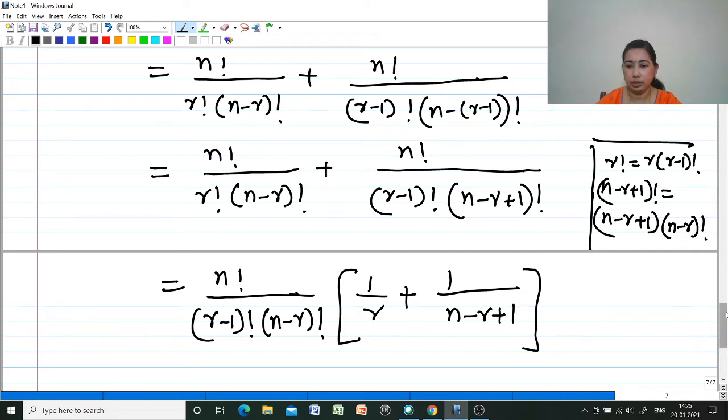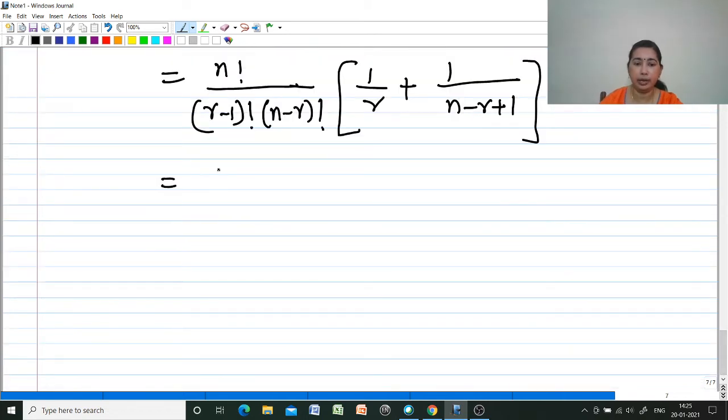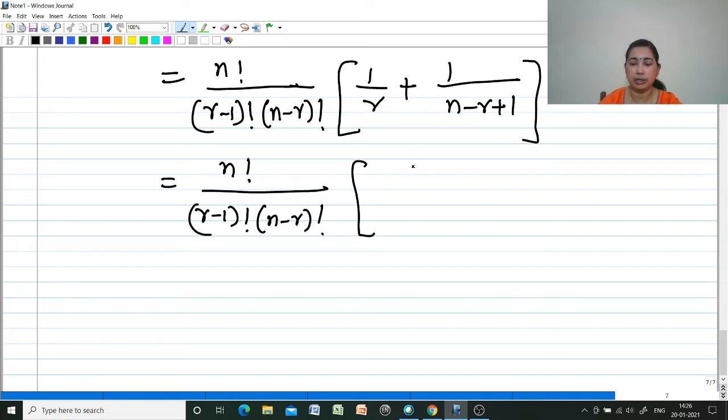So, that is equal to n factorial divided by (r minus 1) factorial into (n minus r) factorial into, now cross multiply, (n minus r plus 1 plus r) divided by r into (n minus r plus 1).